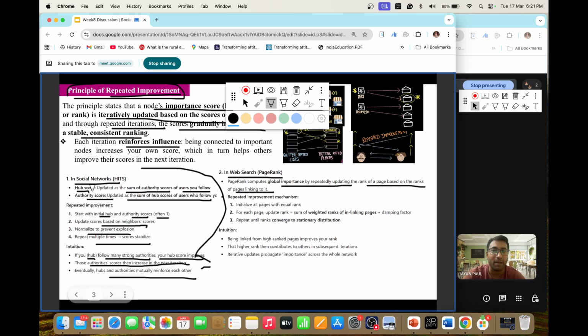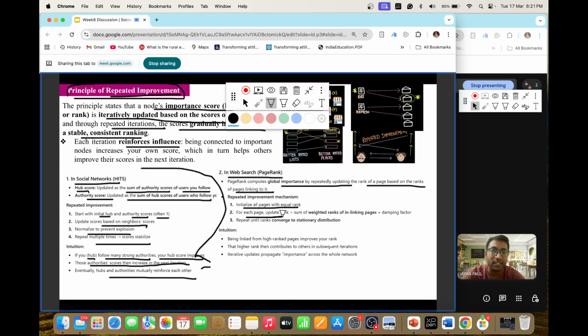So if you talk about HITS or PageRank, you can see initially what we are doing. Here we are initializing every hub and authority with the same score, that is often 1. Here we are initializing all pages with equal rank. Same thing.